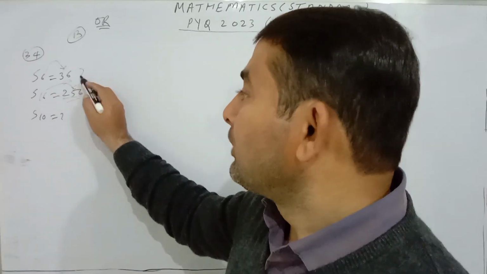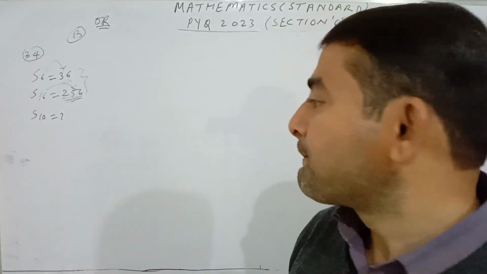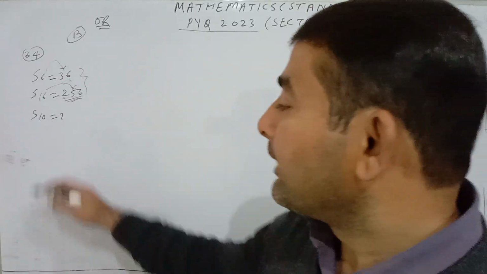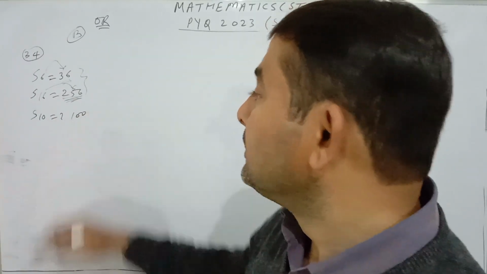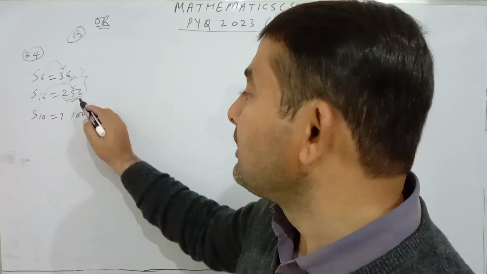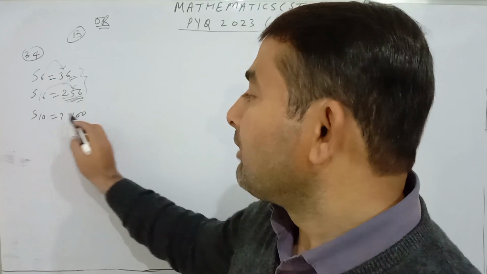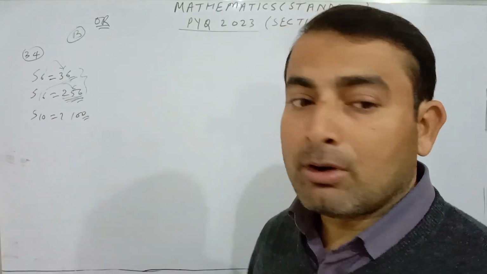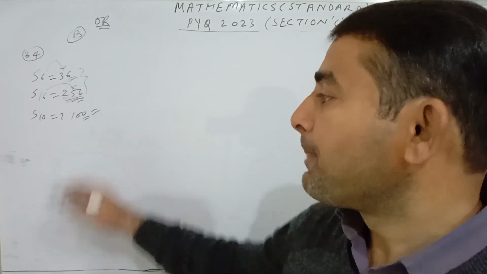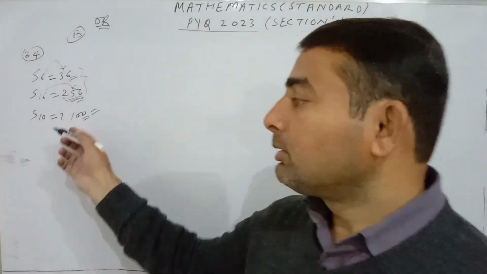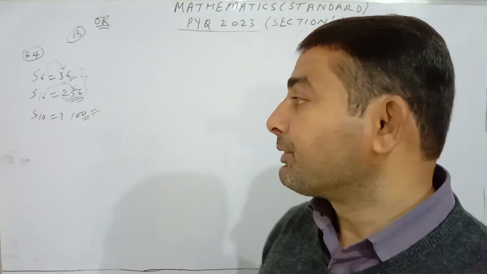So you can imagine and make a logic that the sum of the first 10 terms of the AP will be 100, because the square of 10 is 100. But this is not how this question will be done, because it is not a short question. This is a long question.